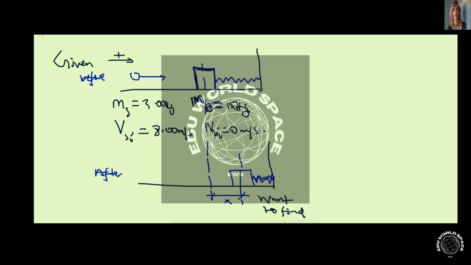Remember, the stone is bouncing off with a final velocity of 2 meters per second. You could say -2 because it's moving towards the left. The block itself is moving towards the right with a final velocity we don't know yet, but we can determine that.